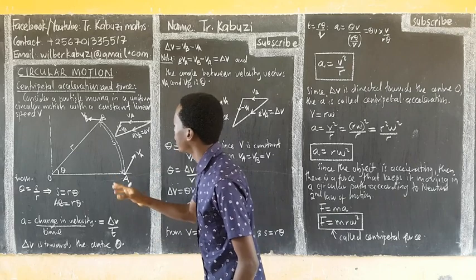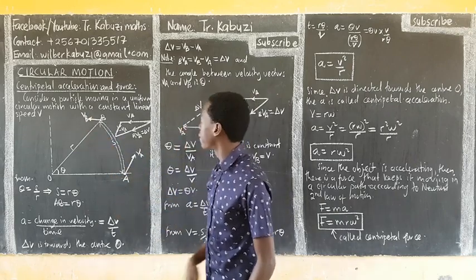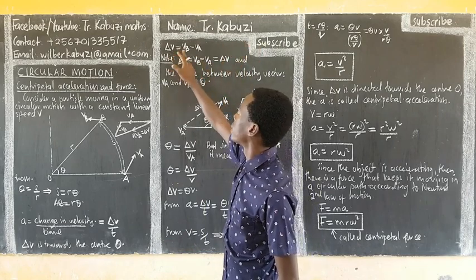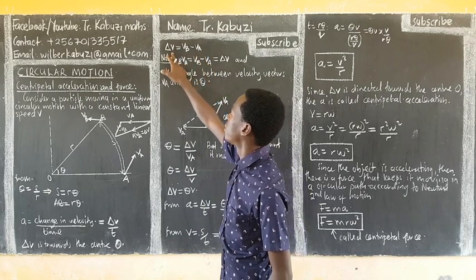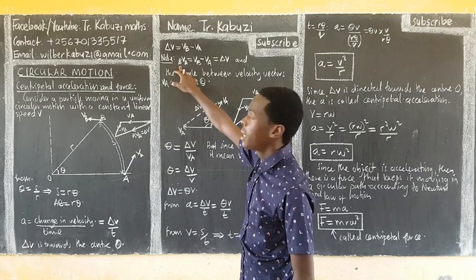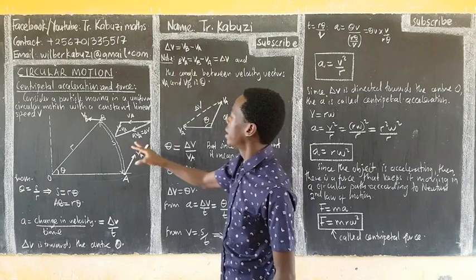How? If you want to get the change in the velocity from here up to here, we shall get the velocity at B minus the velocity at A, which you can see is there. The change in the velocity is velocity at B minus velocity at A. And so this change in the velocity is equal to the relative velocity of B relative to A, which you can see is that.